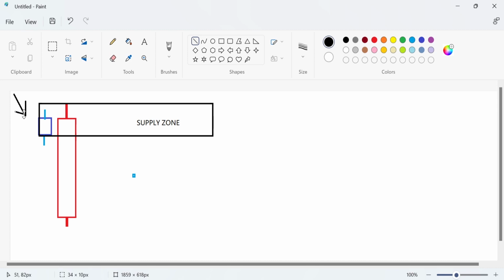If the price is coming from the top, we have a drop base drop. But if it is coming from the bottom, we have a rally base drop. The demand zone is also the same. Let's suppose we have a small candlestick followed by a large candlestick.